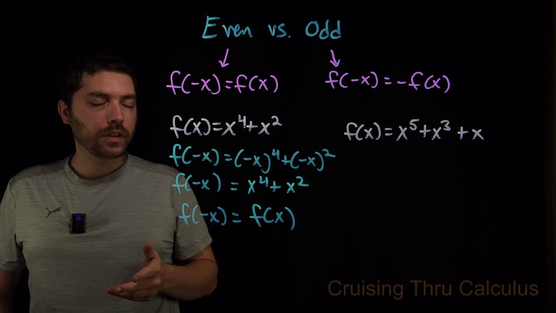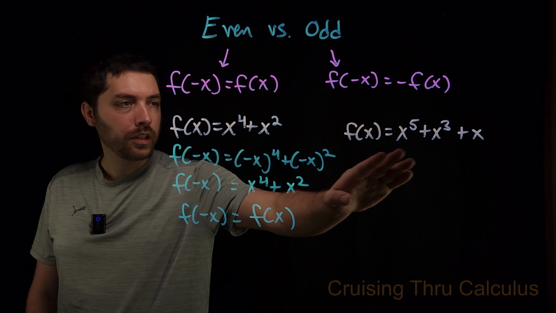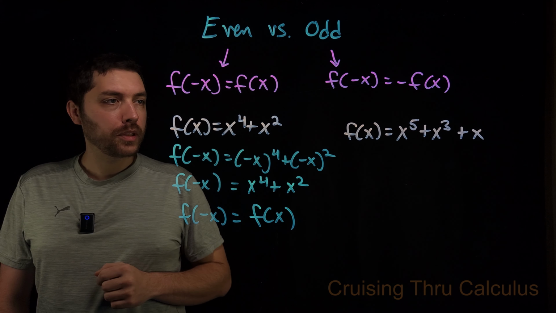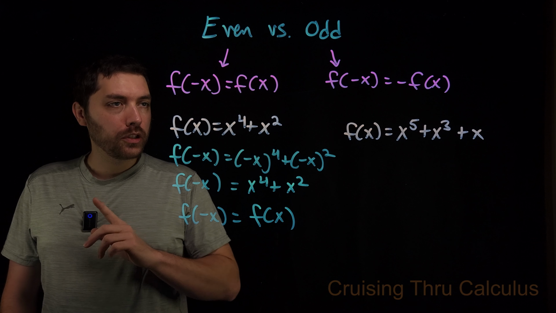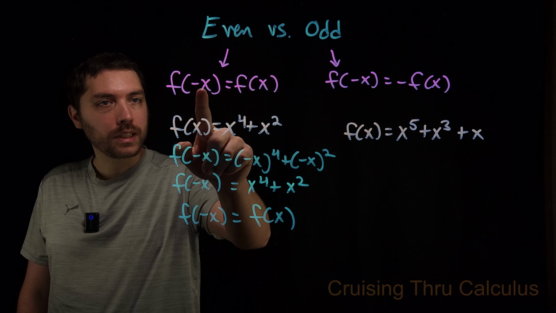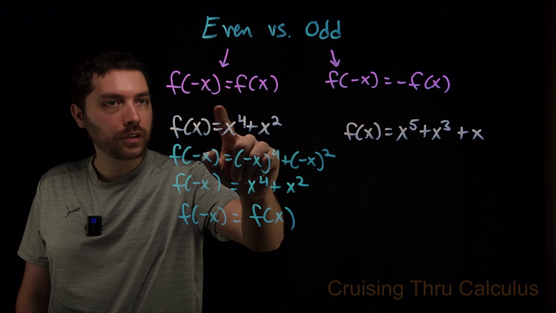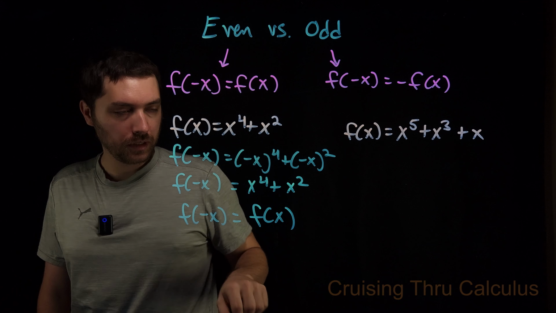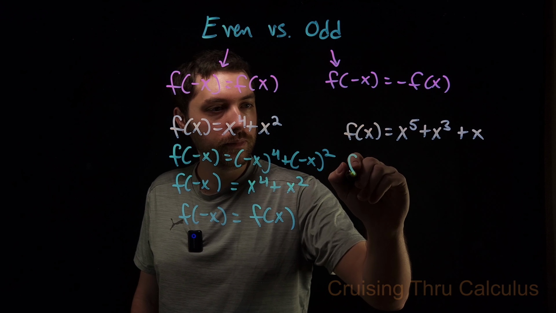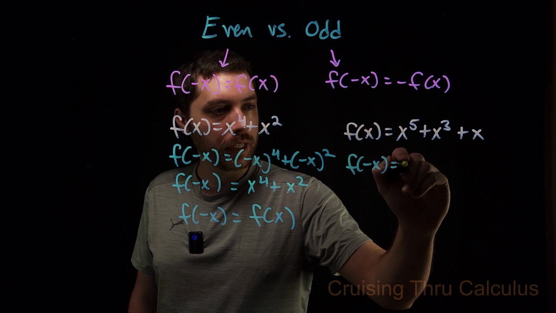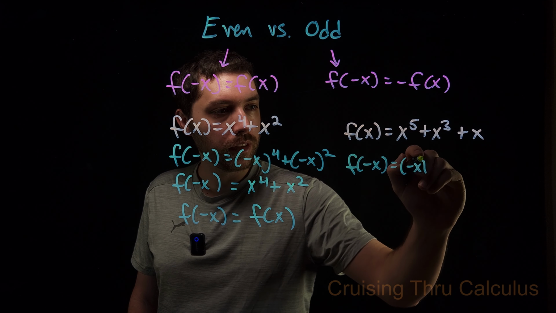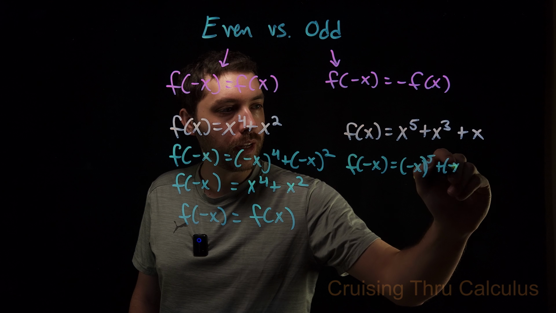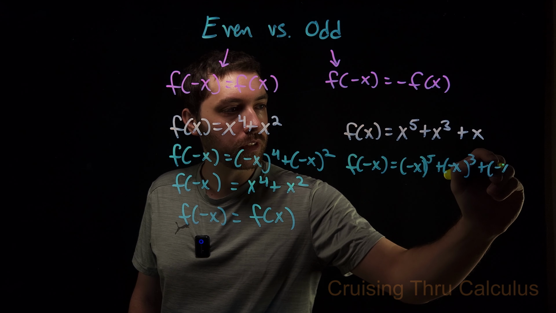Okay, but what about odd functions? Well, here's another example we're going to look at. x to the fifth plus x cubed plus x. We're going to start off doing the same thing that we did over here. We're going to take our function f and replace x with negative x. Notice that's the same starting point on both of these. So what we're going to get is negative x to the fifth plus negative x cubed plus negative x.